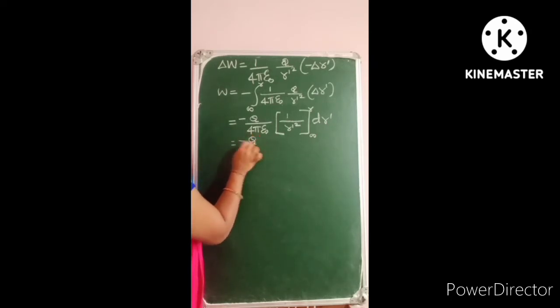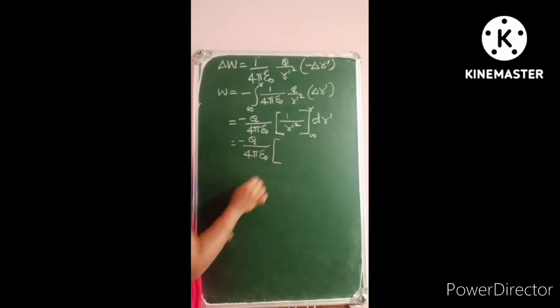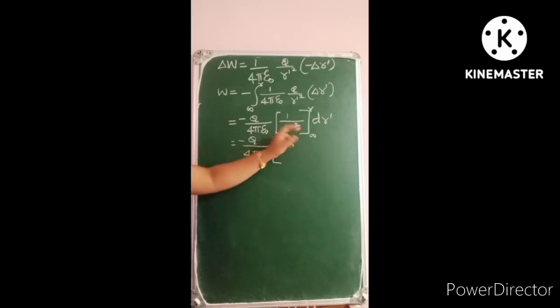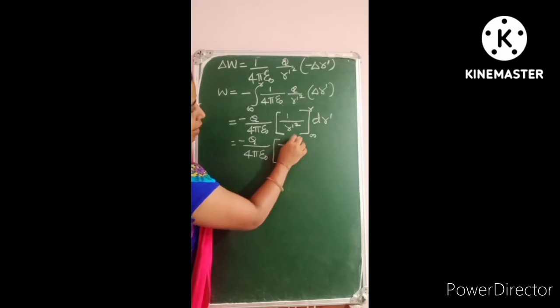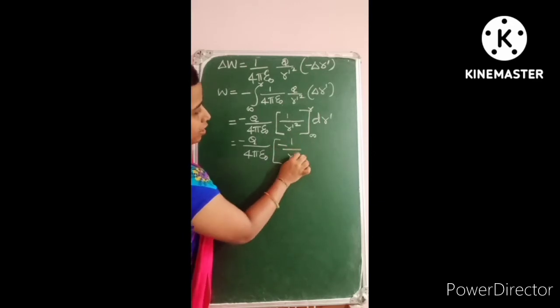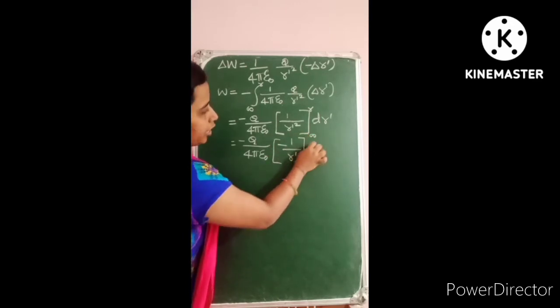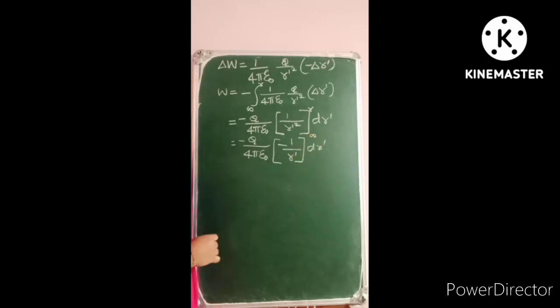So keep minus Q by 4 pi epsilon naught as it is. When you integrate this 1 by R dash square, it is in the form of 1 by x square. Integration of 1 by x square is minus 1 by x plus c, right? So minus 1 divided by R dash, plus c is negligible here.